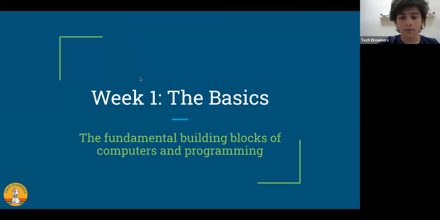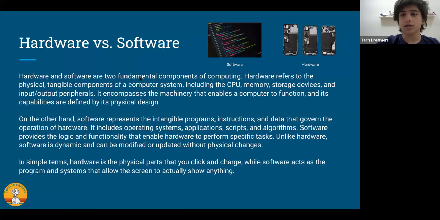So the first thing we will discuss is hardware versus software. So these two are two very crucial parts of what allows a computer to work. Hardware can be simply defined as the physical, tangible components of a computer system.